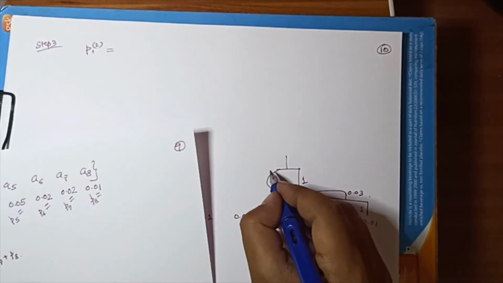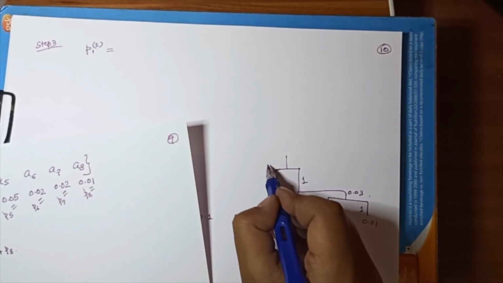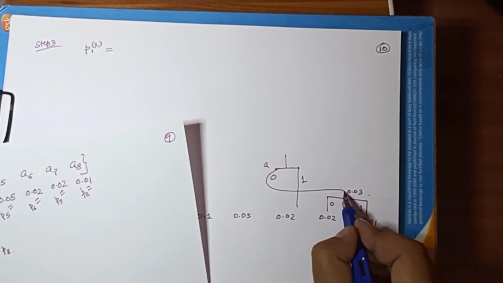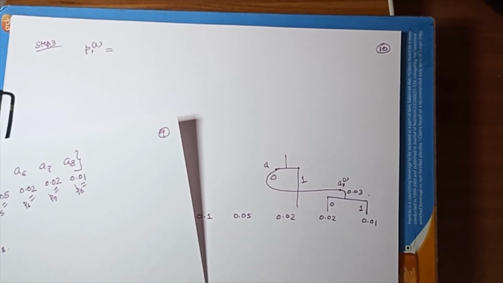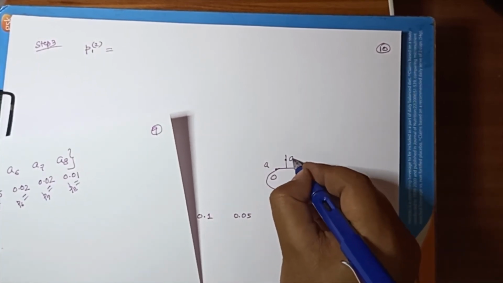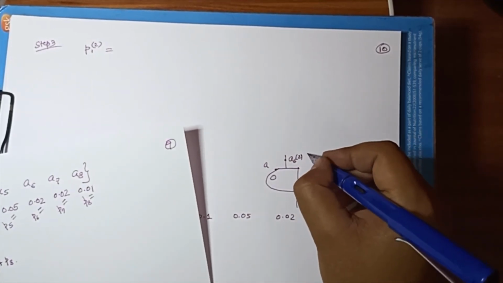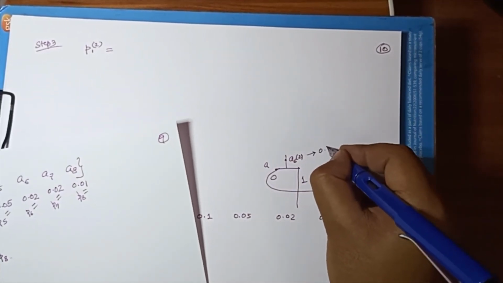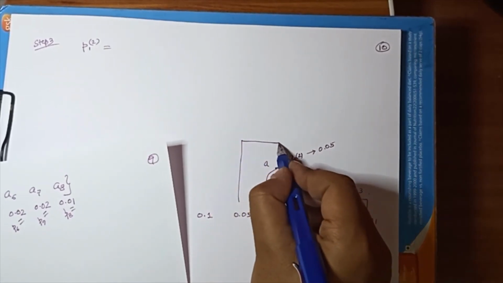So this point is basically A71, I can say. This point is A71. This point is A62. Okay. Now A62 is having the corresponding probability 0.05. This 0.05 and 0.05 are here, so I can combine them here.